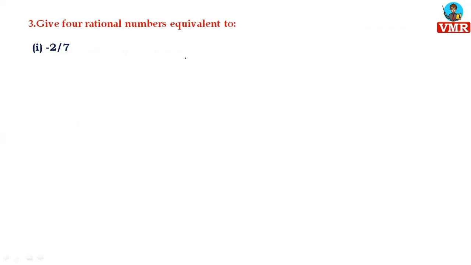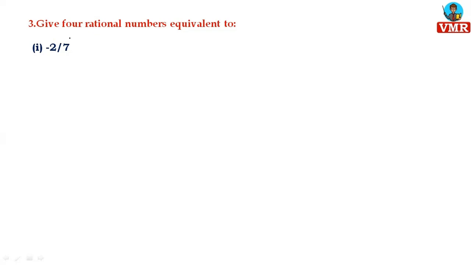Now we will see one more problem here. Give 4 rational numbers equivalent to minus 2 by 7. For this, by multiplying the numerator and denominator of the rational number by the same non-zero integer, we obtain another rational number that is equivalent to the given rational number.